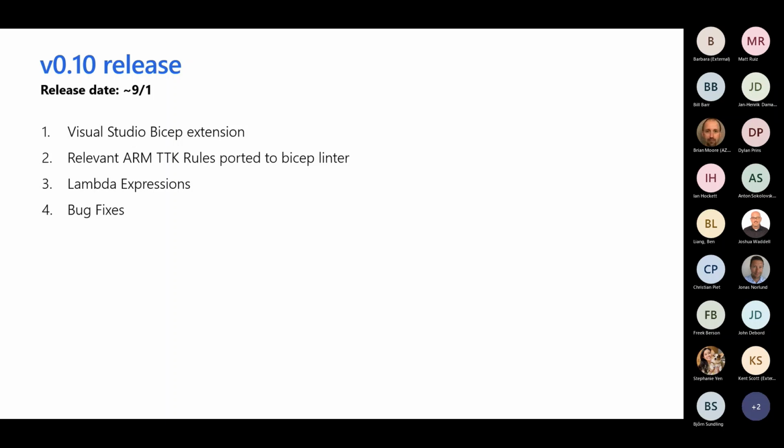It will not have features like Bicep deploy and some of those more VS Code specific things. We're exploring what's the most efficient way to port those over. Our intention is to get everything over to Visual Studio that's reasonably possible, but we don't have all the details on that yet.